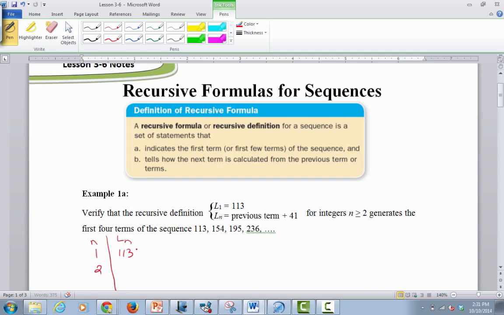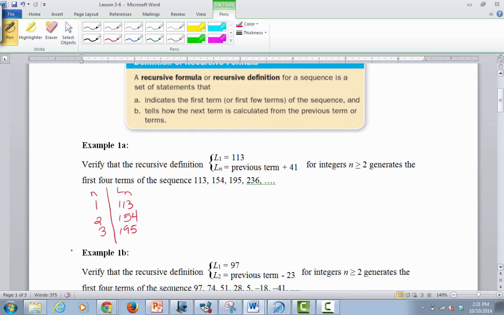Term 2 was adding 41 to the last term. So that is how they got 154. Term 3 is adding 41 to 154. That's how they got 195. And then 4 was 236.